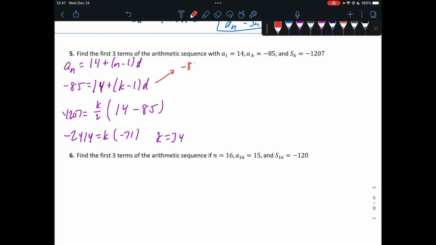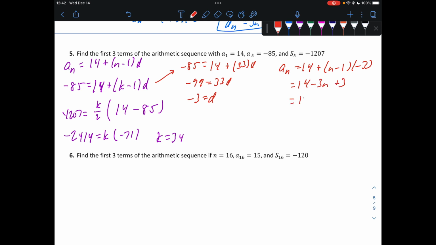We get negative 85 equals 14 plus 33d. So negative 99 equals 33d. Negative 3 equals d. So now my nth term can be a sub n equals 14 plus n minus 1 times negative 3. Or if you want to simplify that, 14 minus 3n plus 3, 17 minus 3n.